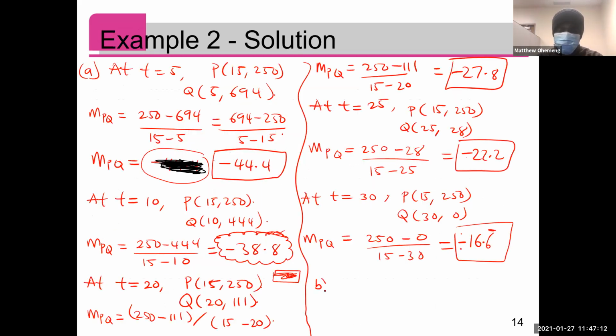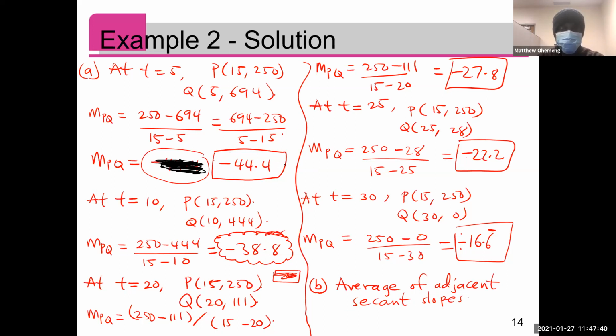So for B, average of adjacent secant slopes. I think I see something in the chat. Give me a sec. Yeah, negative. Oh, okay. Perfect. Thank you. So in this case, you are going to estimate. What are the adjacent secant slopes?